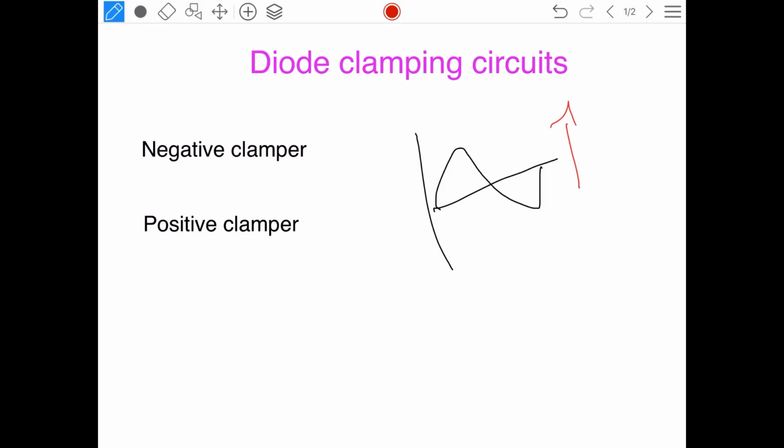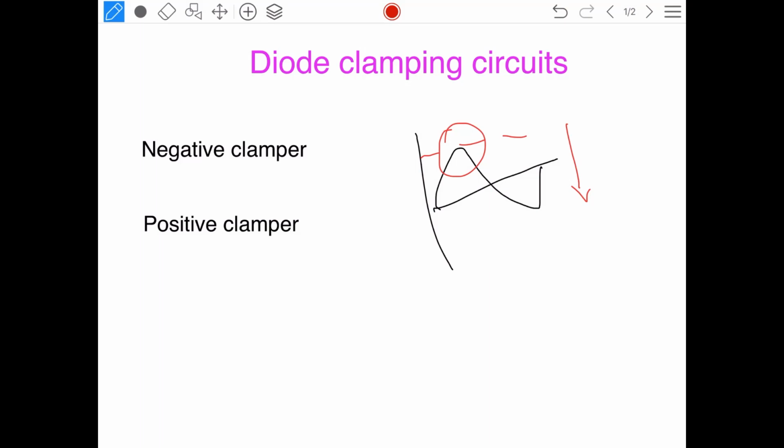To what extent is decided by the reference voltage that you apply for the clamping. Whenever I was talking about a positive clamper, I am always referring to the negative peak. Similarly, whenever I spoke about the negative clamper, I am writing a threshold here. That means I am always talking about the positive peak.